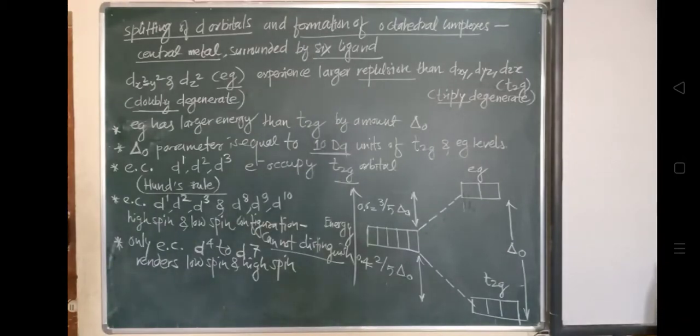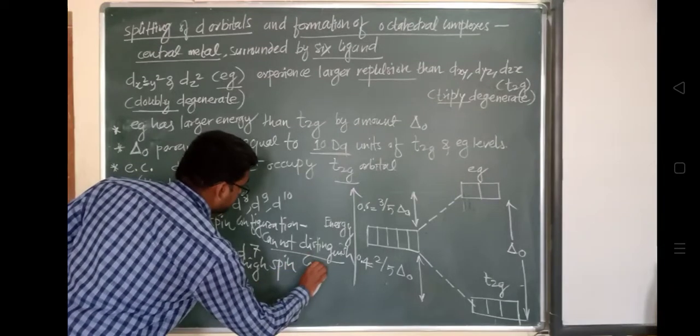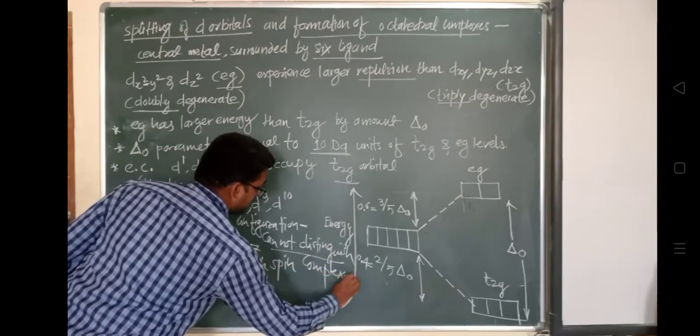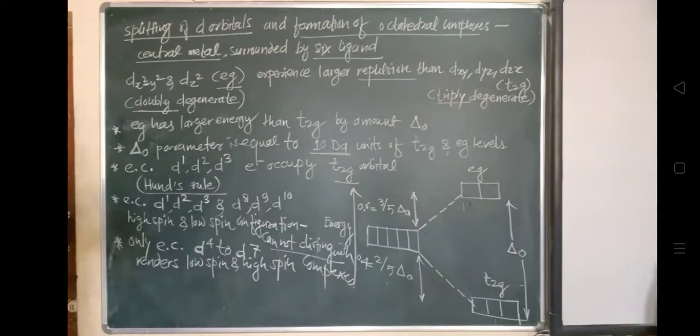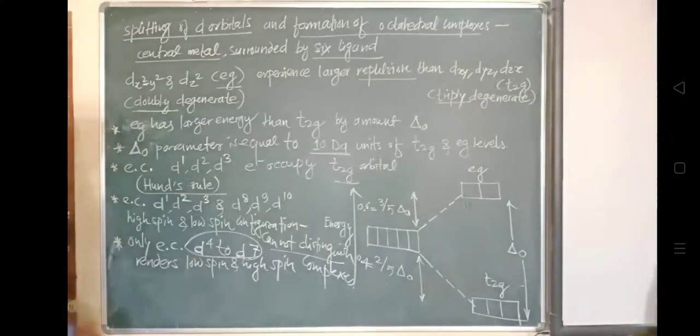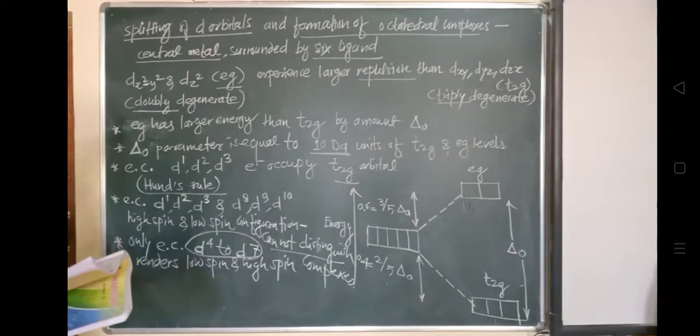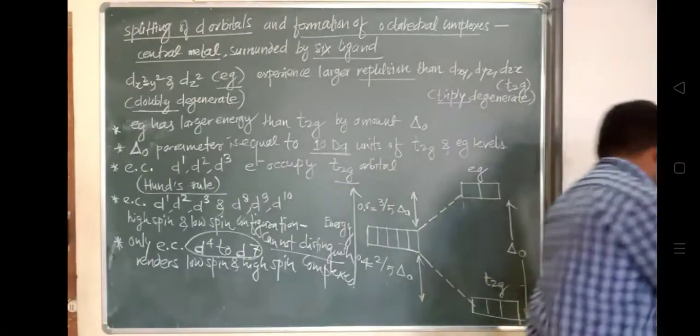That we will see with the help of a diagram. We will understand the high spin and low spin of the d4 to d7 orbitals with the help of the diagram.